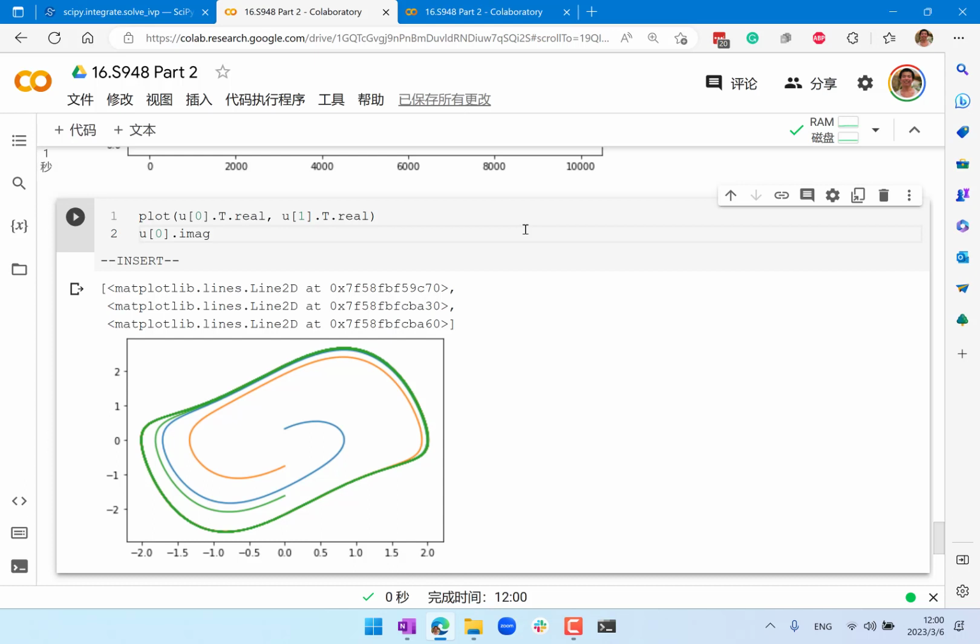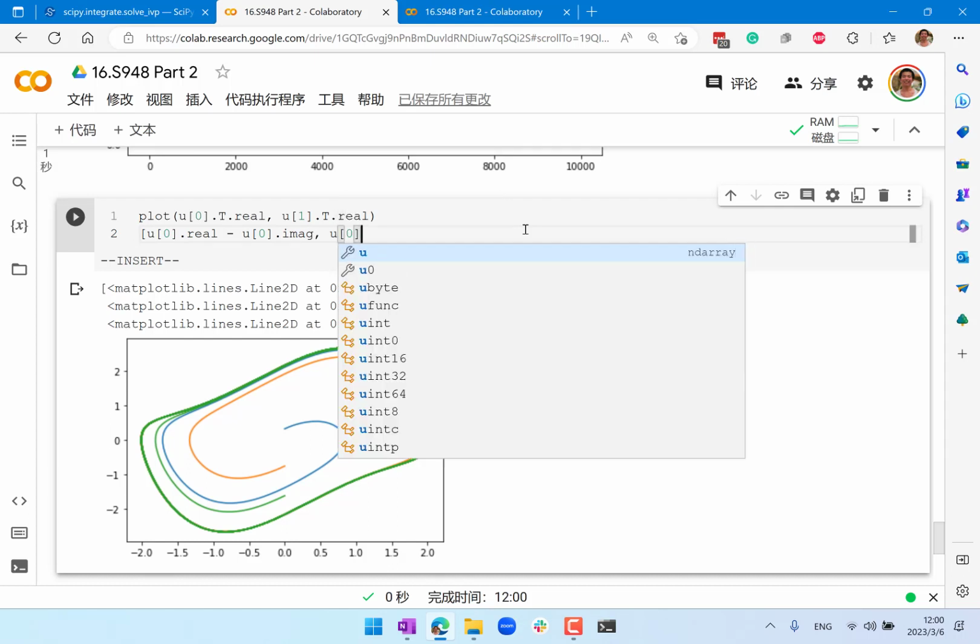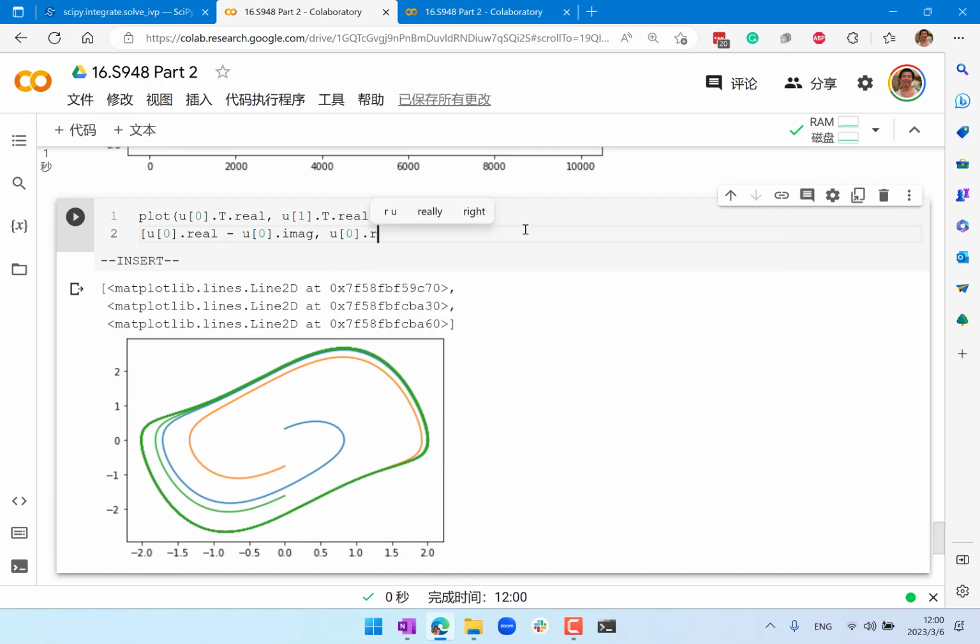So what we want to plot is the following: u0 dot real minus u0 dot imaginary, and u0 dot real plus u0 dot imaginary. So basically we are drawing a line that shows the direction of this perturbation.